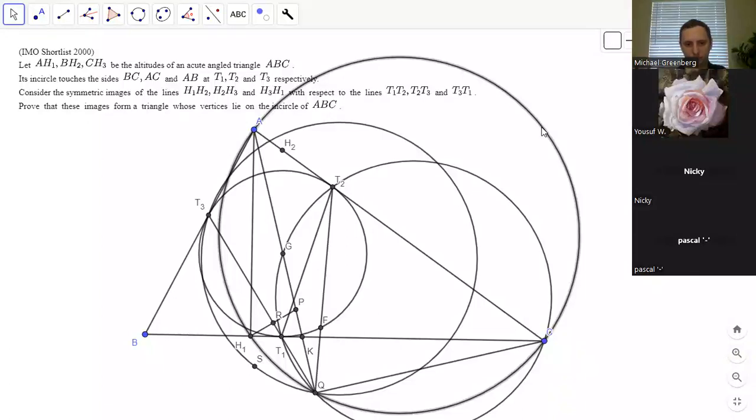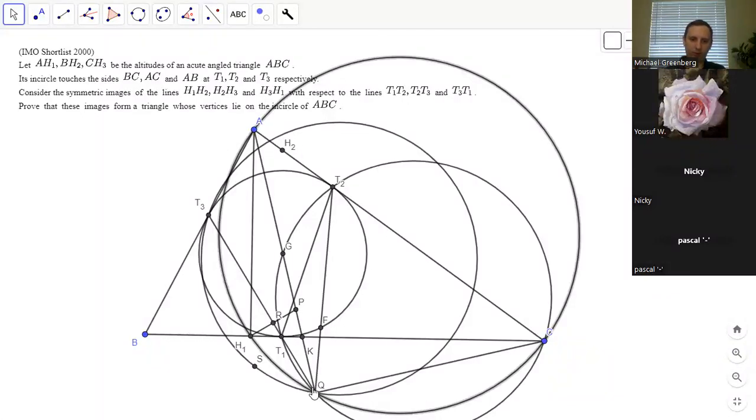Yes, we said that T1QG is equal to half of C, which implies H1QG is equal to 2 T1QG.